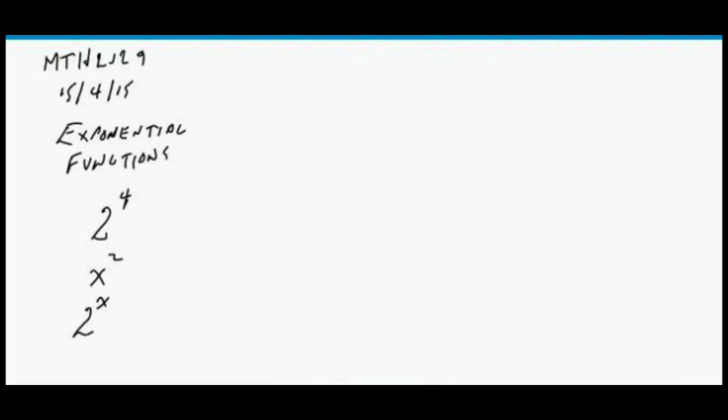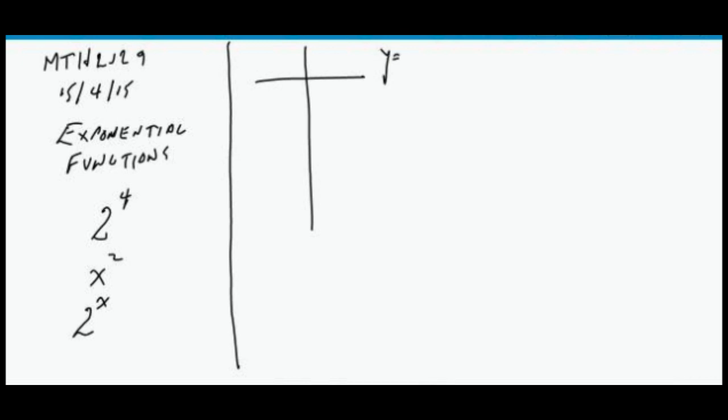Okay, one of the first things we want to take note of is the values when we are making our table. So let us use y equals 5 to the x as he was using. And so we can have some values. This is our x and our y. -2, -1, 0, 1, 2.